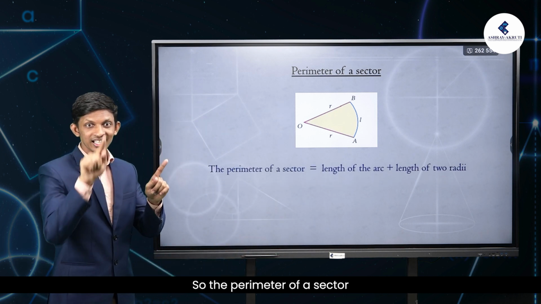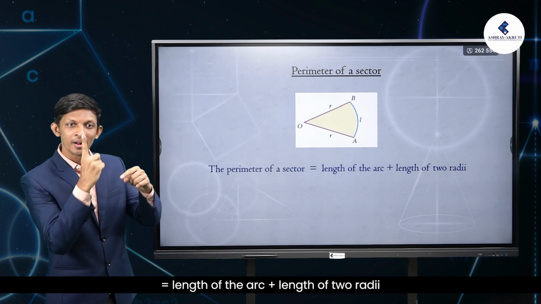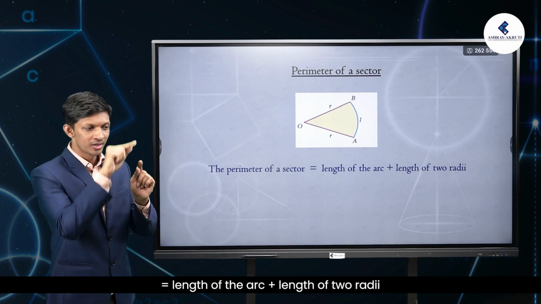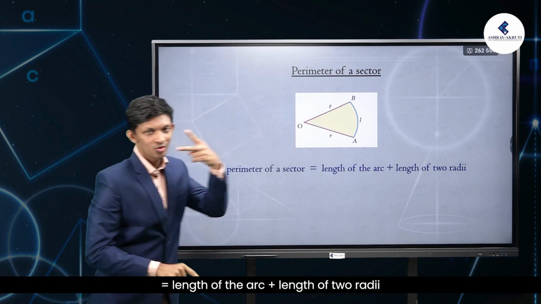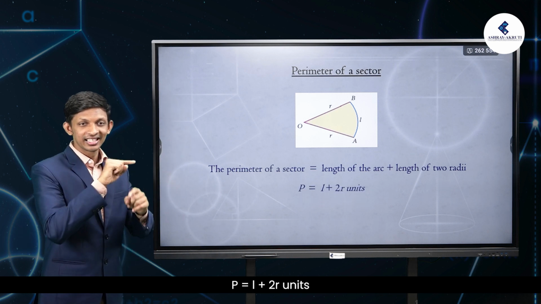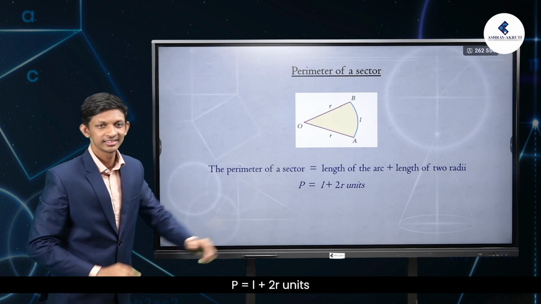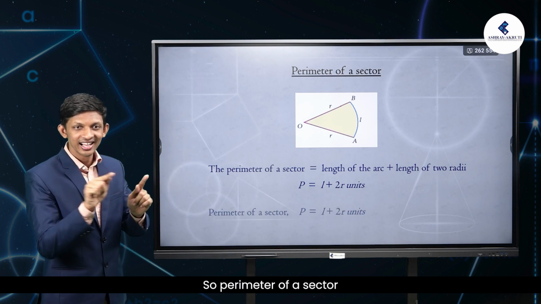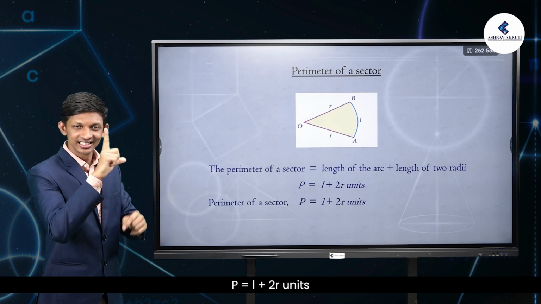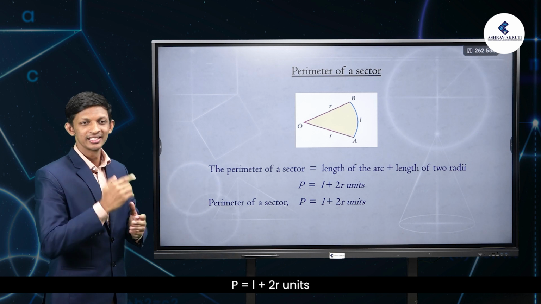So, the perimeter of a sector is equal to length of the arc plus length of two radii. P is equal to L plus 2r units.